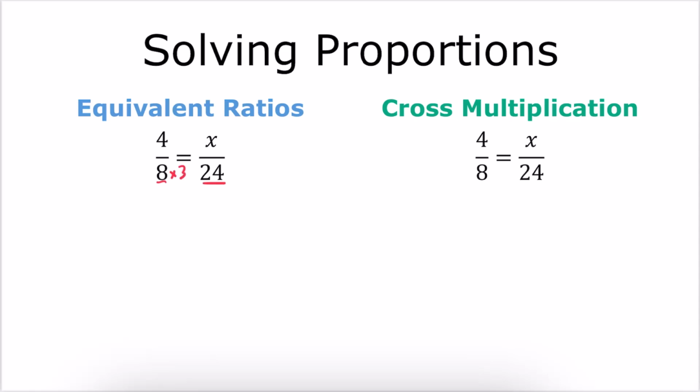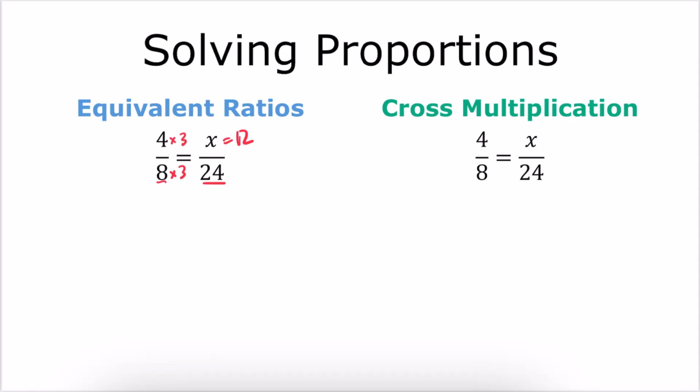I need to multiply by 3, because 8 times 3 equals 24. If I multiply the top of the fraction by 3 as well, that tells me that x is going to equal 12. That's how I would find out the missing number with equivalent ratios. In the context of the last problem, that tells me that I need 12 eggs to be able to feed 24 people.